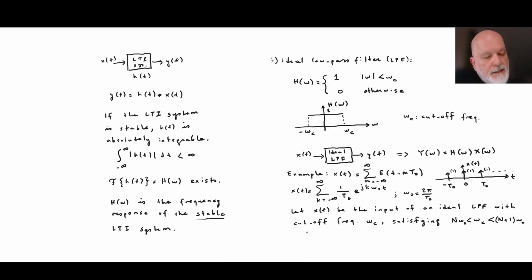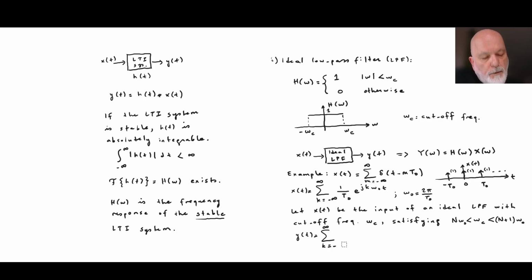So this means that x of t with this Fourier series representation will pass through the system, and we are going to again obtain a periodic signal y of t which will be equal to the sum over k from minus infinity to plus infinity.